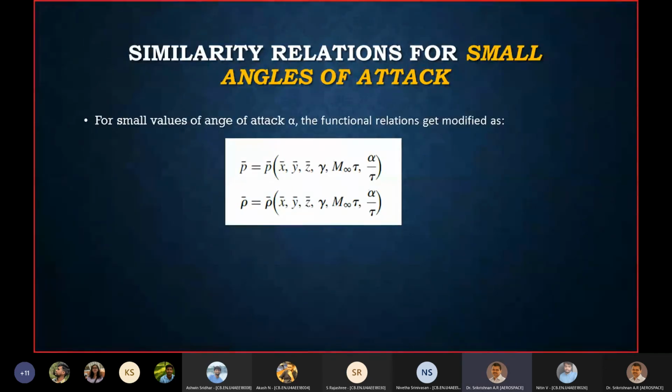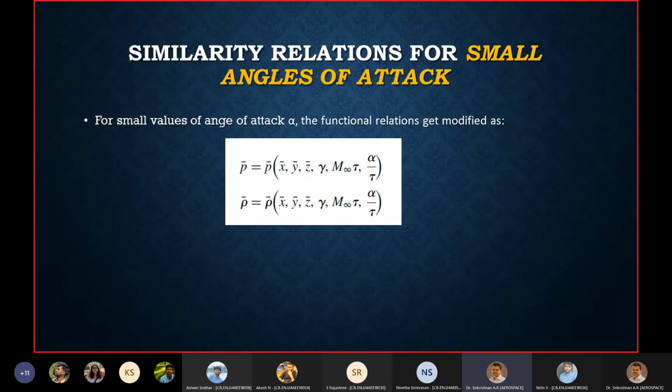Now, just an addition to this. So far we have always been considering bodies without angle of attack, but it has been shown, and I'm leaving all that mathematics and analysis here, that there are papers, some of them fairly old, which have shown that even for small values of angle of attack, the similarity holds good in a modified fashion.